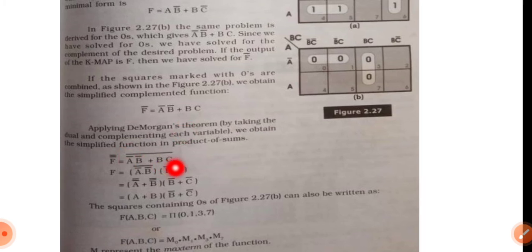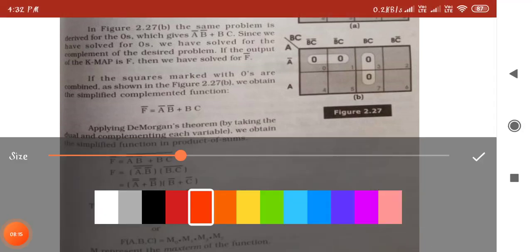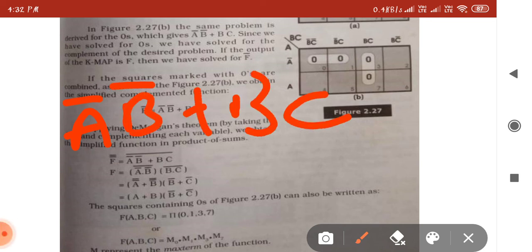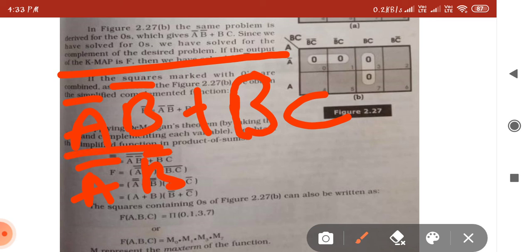A bar B bar plus B C. A bar B bar plus B C, we got to know from this equation. B C whole bar, A bar B bar whole bar into B C whole bar, can we write it?